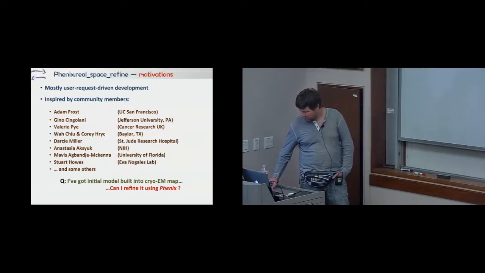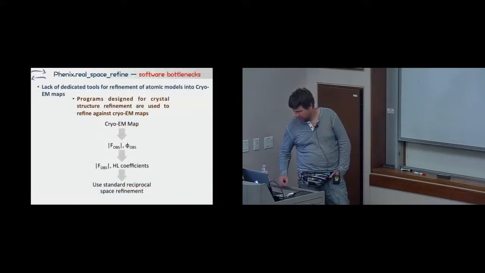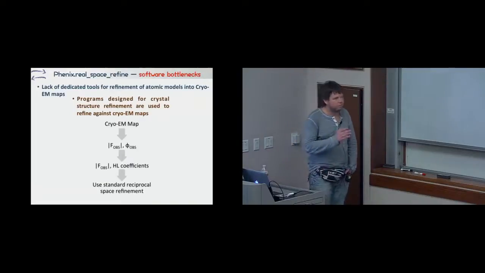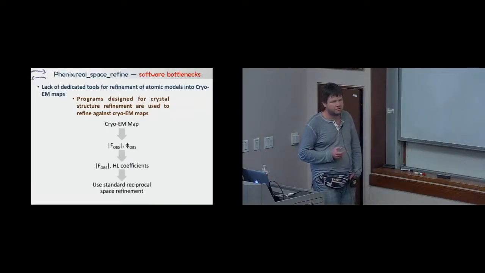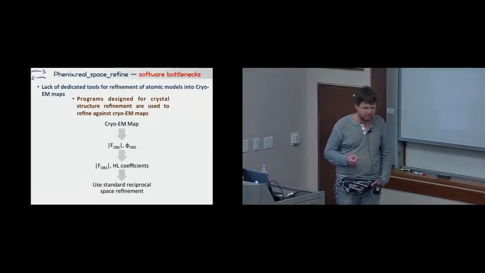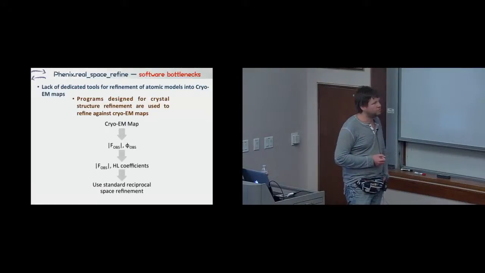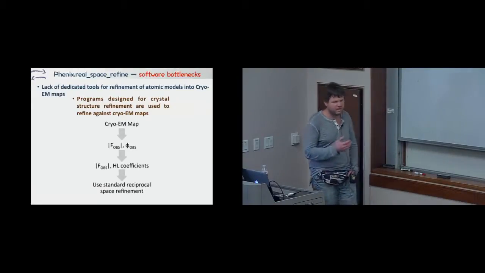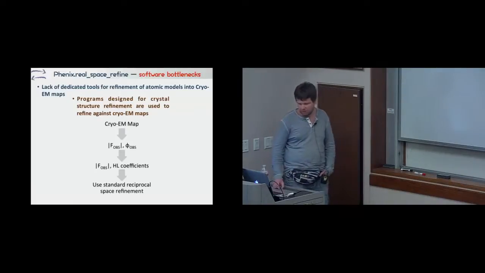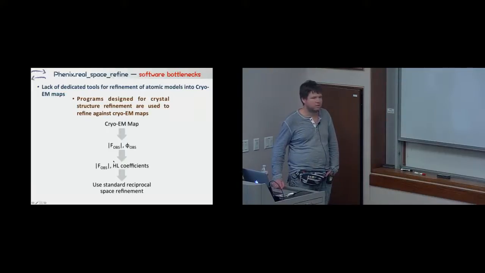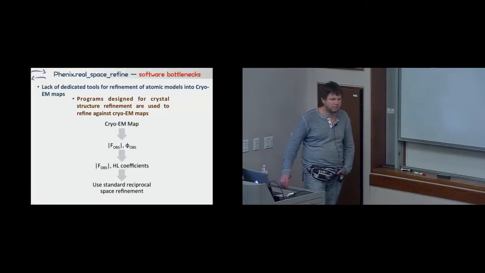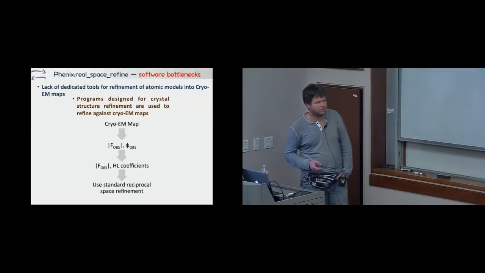The reason the answer is not so bright is that we can repurpose existing crystallographic refinement tools to do what they want. We take the cryo-EM map, convert it into structure factors, convert the phases into Hendrickson-Lattman coefficients, and then use the MLHL target function for conventional crystallographic refinement.